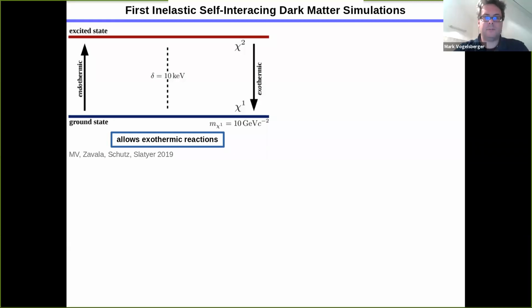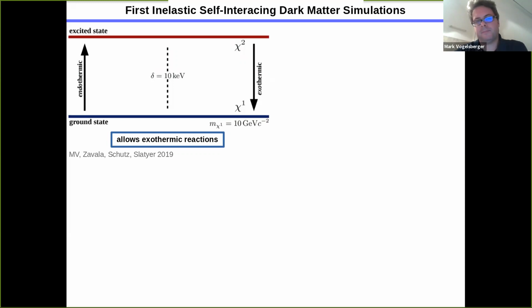Another thing that is interesting, at least to me, is to go a bit away from the standard SIDM simulations that have been done over the last 20 years, starting from the first studies when Spergel and Steinhardt put this idea forward. The vast majority of these simulations assumed always elastic interactions between two dark matter particles.